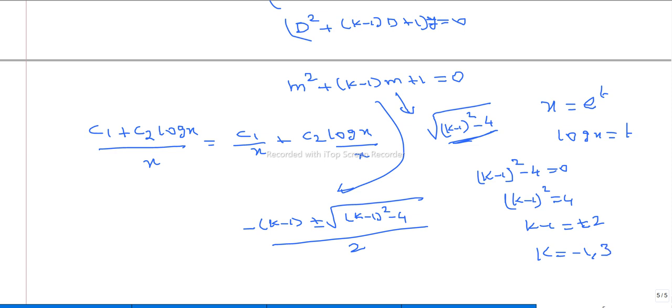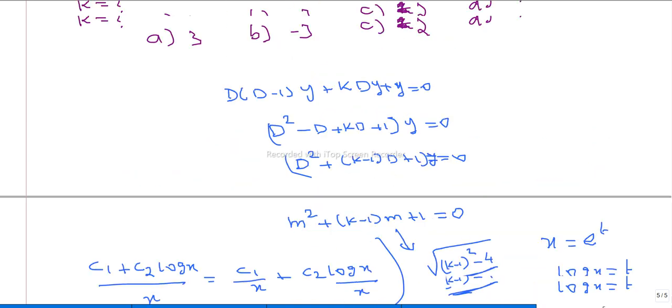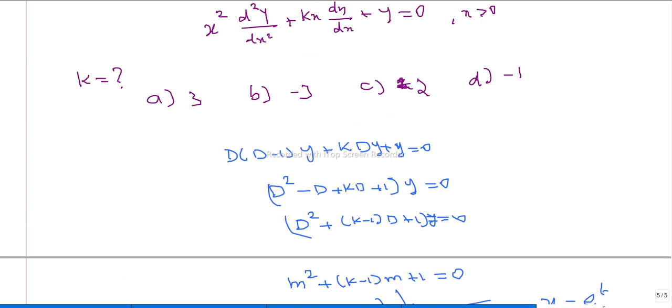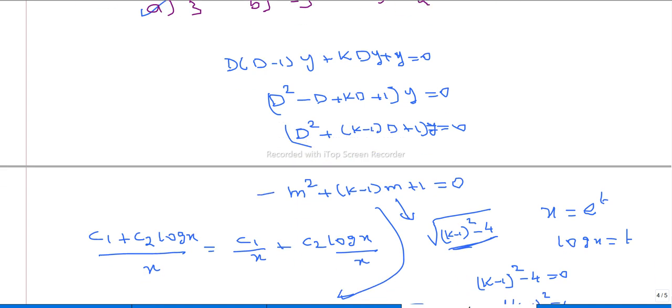If you substitute k equal to minus 1 in this equation, you will not get this solution. Therefore k equal to minus 1 is not possible; the only possible value is k is 3. If we substitute k equal to minus 1, you will get m square minus 2m plus 1 equal to 0, which is nothing but (m minus 1) whole square.